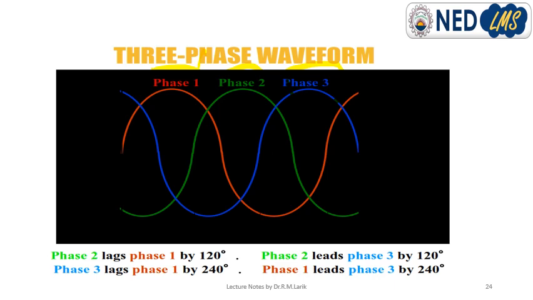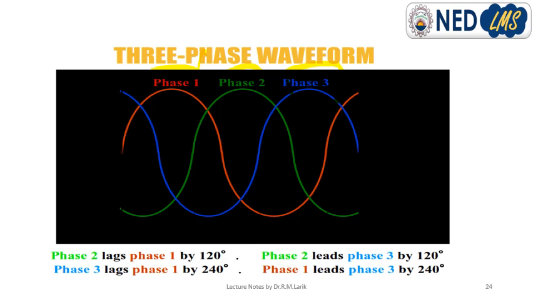Phase 2 lags phase 1 by 120 degrees because phase 2 is 120 degrees apart. Lagging means it is behind. When phase 1 attains its maximum value, phase 2 actually starts. So it lags by 120 degrees. Phase 2 leads phase 3 by 120, and so on.